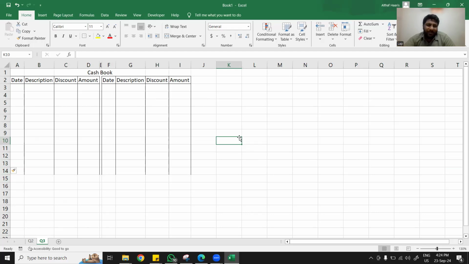Don't put the discount column and you will not lose anything. That's what I tell you. They are not testing your format knowledge. They are testing your commerce knowledge.